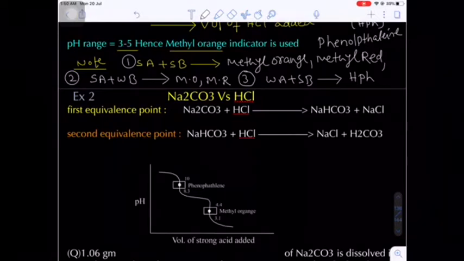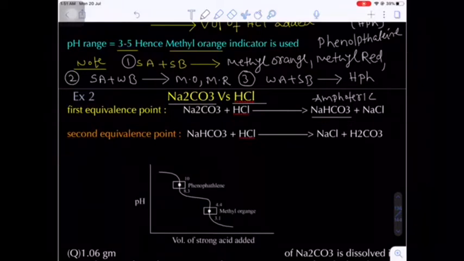Now one more example here. It is also the salt of a weak acid and strong base versus strong acid. The weak acid, carbonic acid, forms a salt with the strong base sodium hydroxide, that is sodium carbonate, versus hydrochloric acid. Now here there are two equivalent points, because in the sodium carbonate and hydrochloric acid reaction, initially in a 1:1 ratio, you will get sodium bicarbonate.